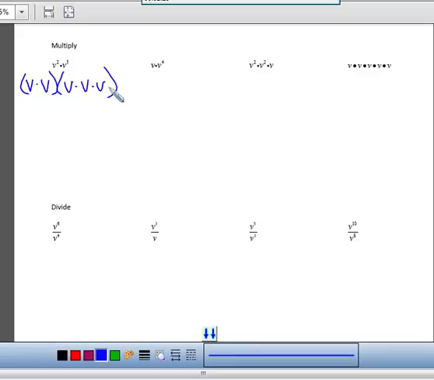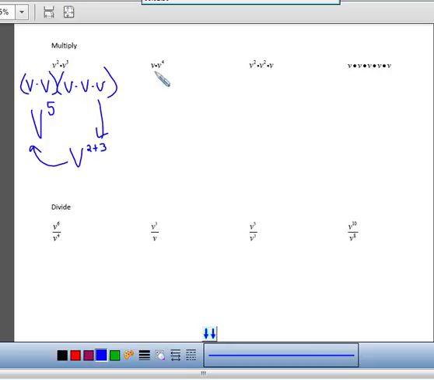Now, how many times are we multiplying v together? That's right, 5 times. So the answer is v to the 5th power. Now, where did that come from? Well, since they have the same base, really what we're talking about is v to the 2 plus 3. So that's how we get our answer.